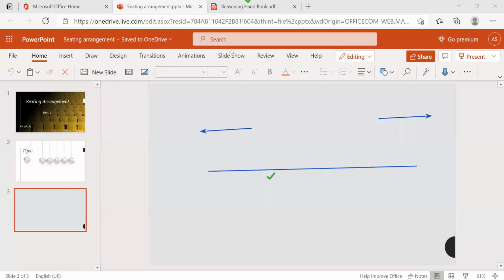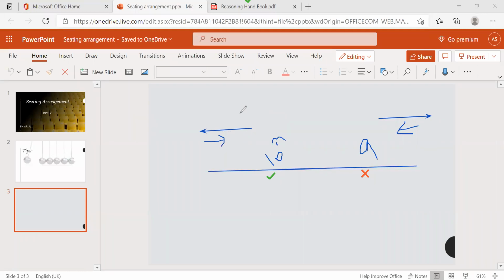So, Sheetal sits at the 10th position from the left. This is nothing but 10th position. And Lena sits here. This will be the 9th position from right. From right we have to take like this, from left we have to take like this. Okay.